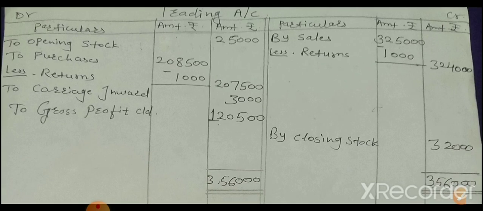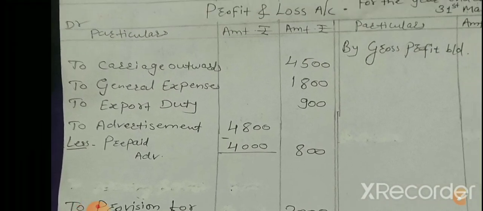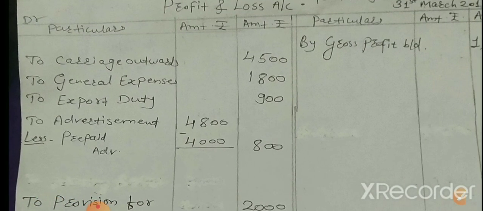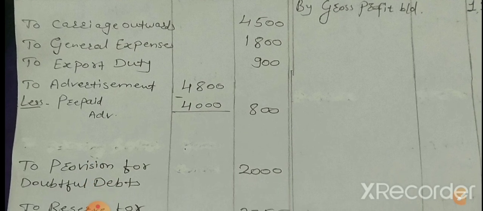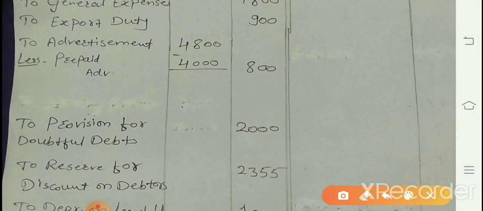Then our profit and loss account. See, this is our profit and loss account. The debit side first. To carriage outward by rupees 4,500. To general expenses 1,800. To export duty 900. Then the hidden adjustment that was related with advertisement. Here we have written to advertisement by rupees 4,800.